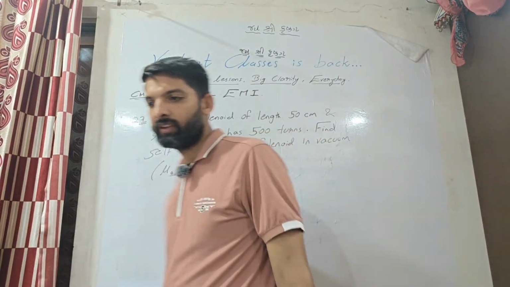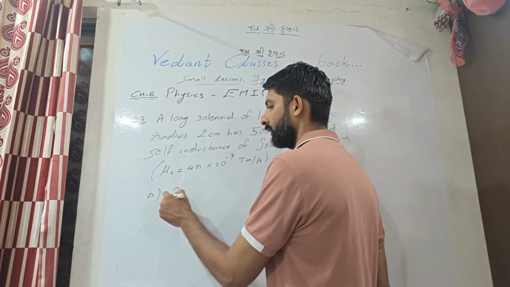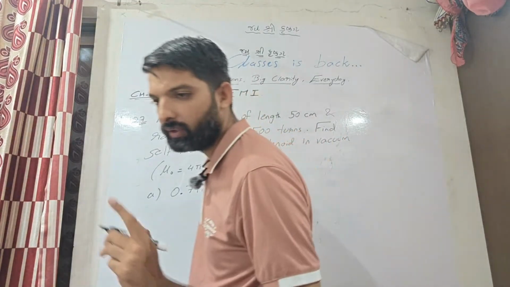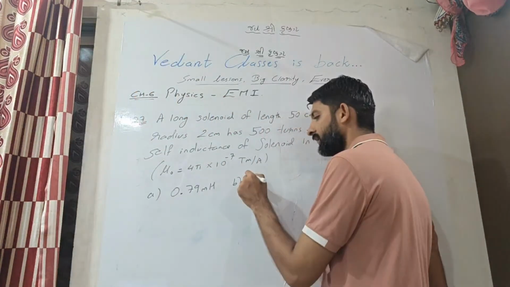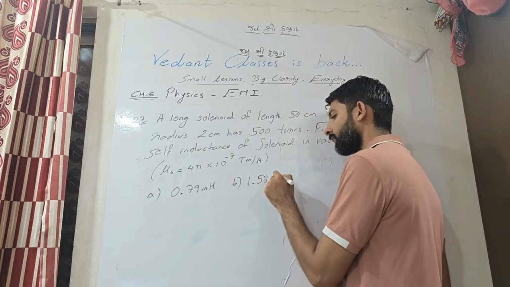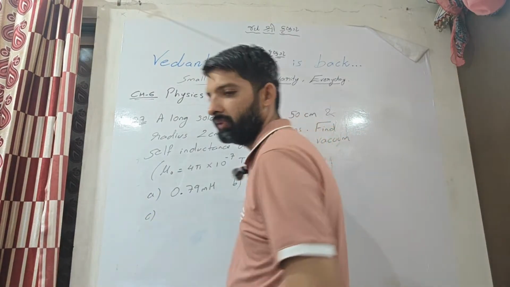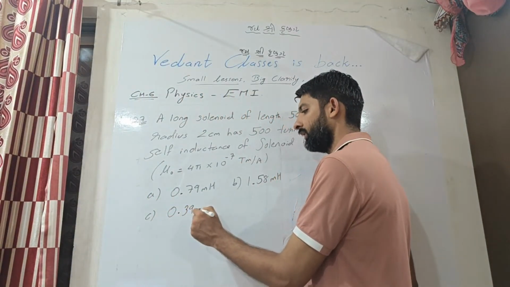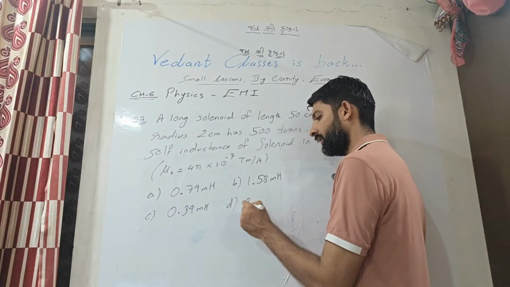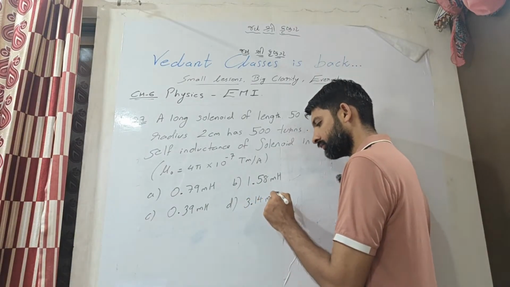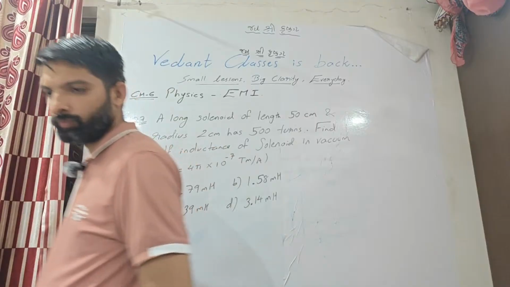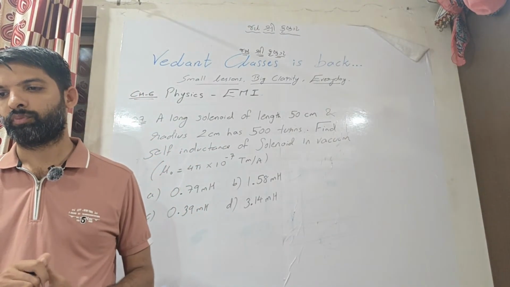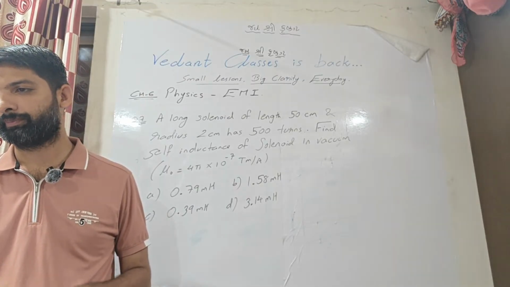Options are: A, 0.79 millihenry; B, 1.58 millihenry; C, 0.39 millihenry; D, 3.14 millihenry. Try to solve this.